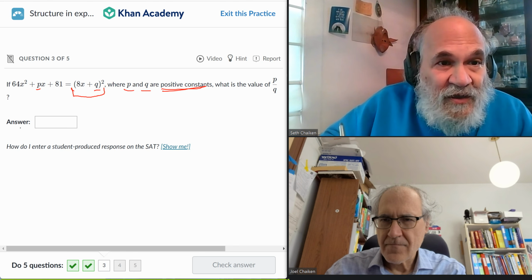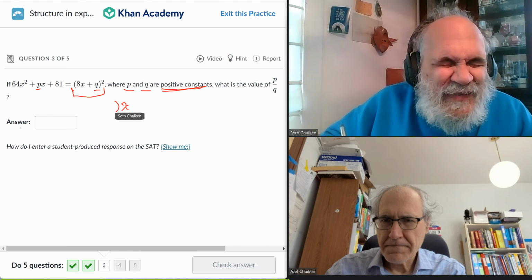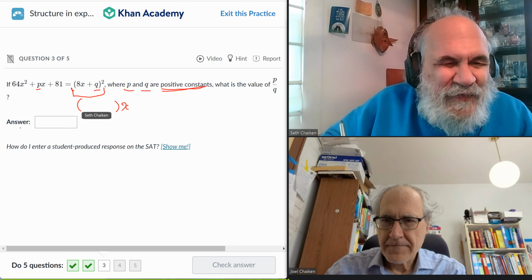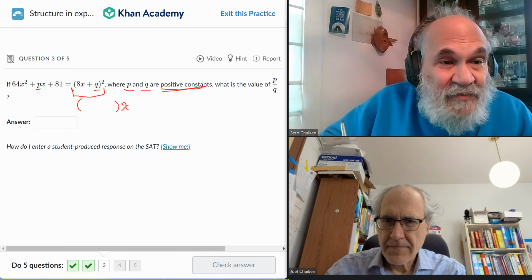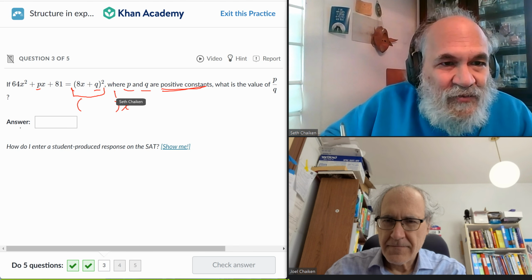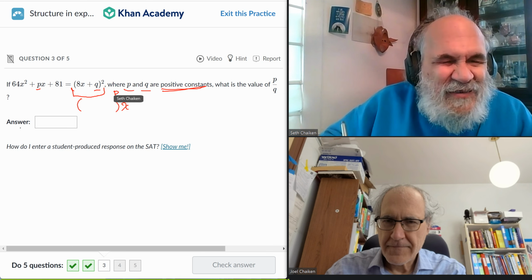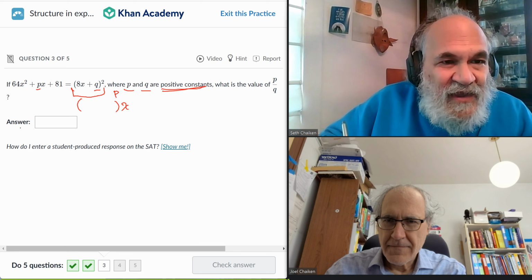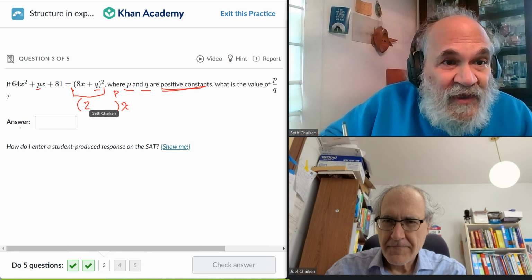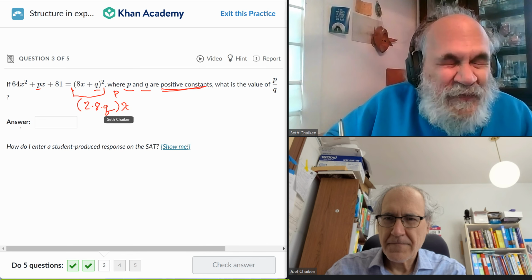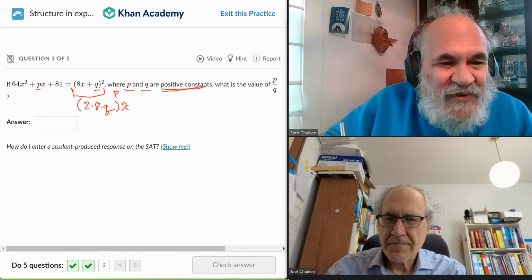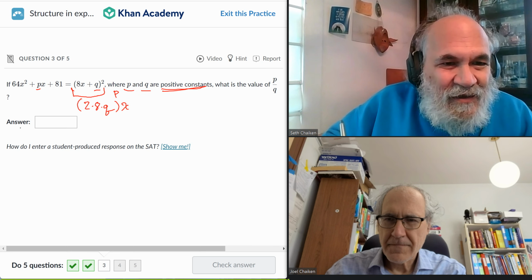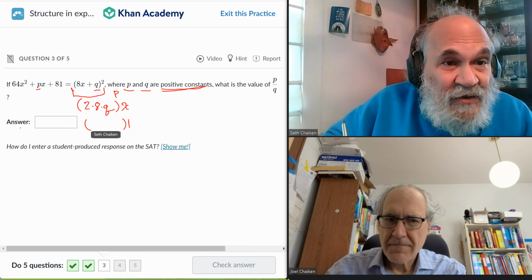So, the coefficient of x is the answer, P. That's what P is, so I need to find the coefficient of x. Well, the coefficient of x is 2 times 8 times Q. Now, the constant coefficient, which should be 81, is Q squared.